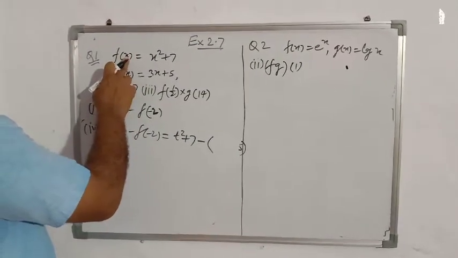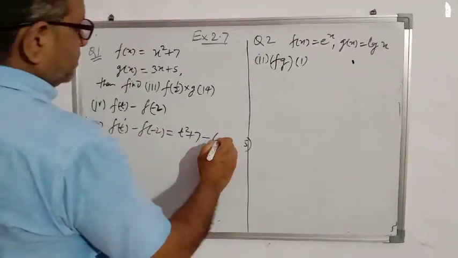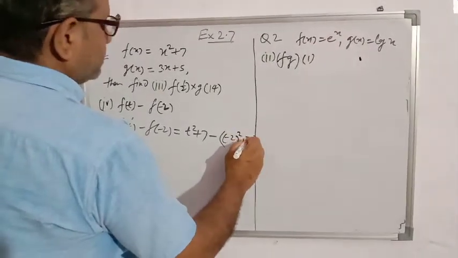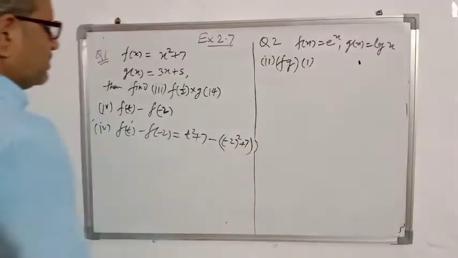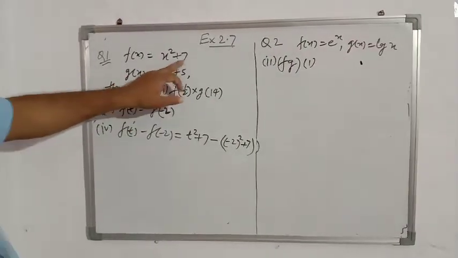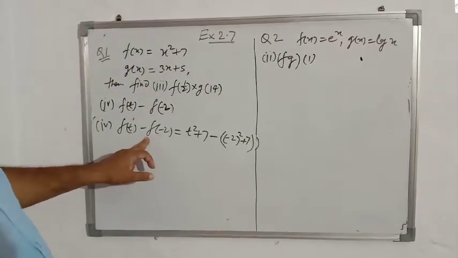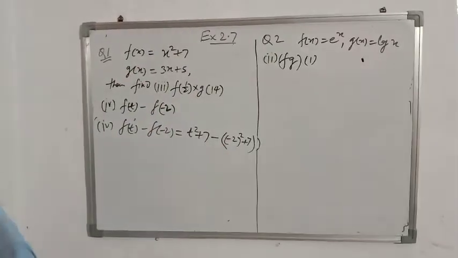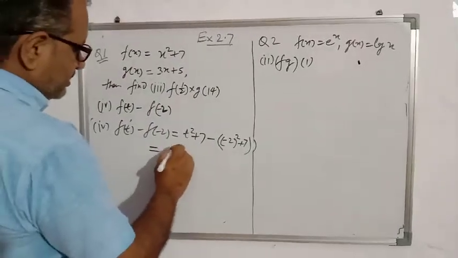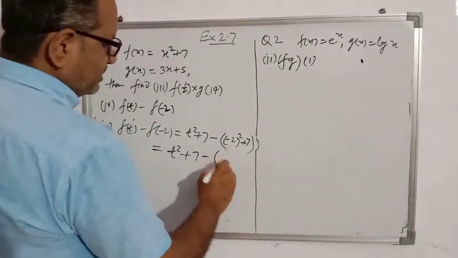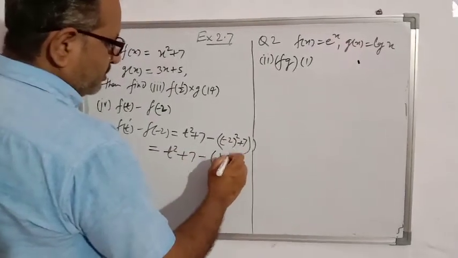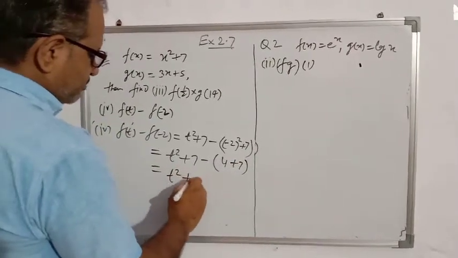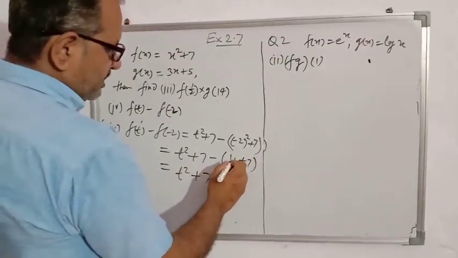In place of x, we will put minus 2. So it is (minus 2) square plus 7. f(t) is t square plus 7 minus f(minus 2). So minus (minus 2) whole square plus 7. t square plus 7 minus (2 whole square, 4) plus 7. t square plus 7, 7 plus 4, 11.